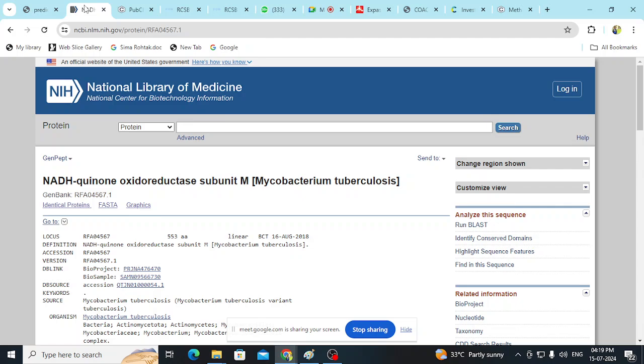It needs a prosthetic group: either NADH, NADPH or FADH. Any of these water-soluble vitamin-derived prosthetic groups are needed for oxidoreductase enzymes.